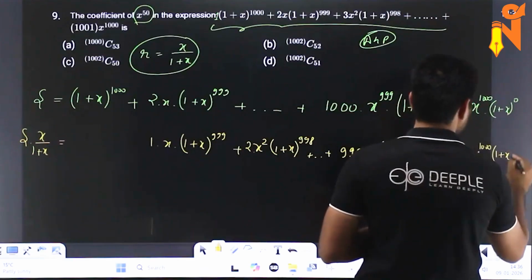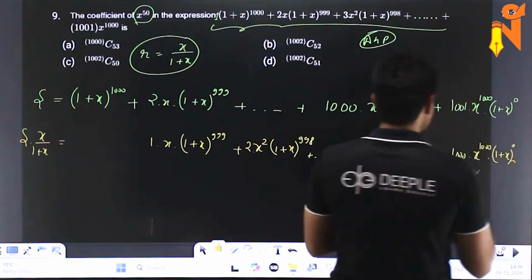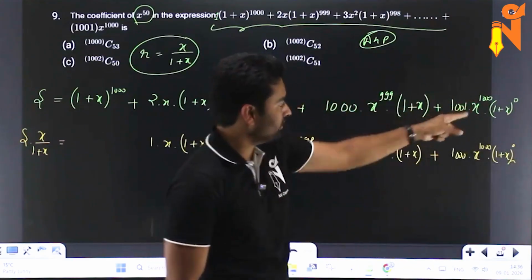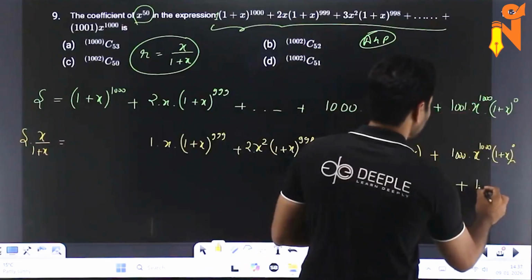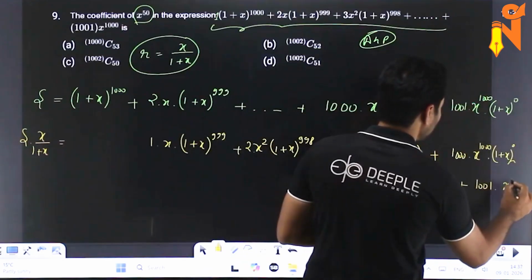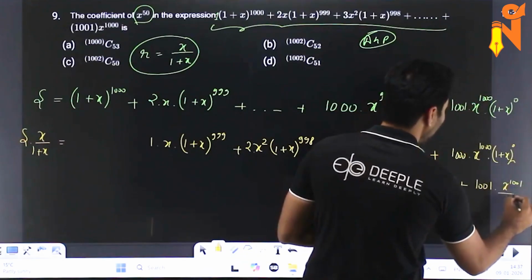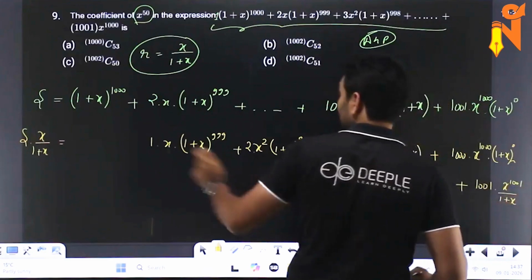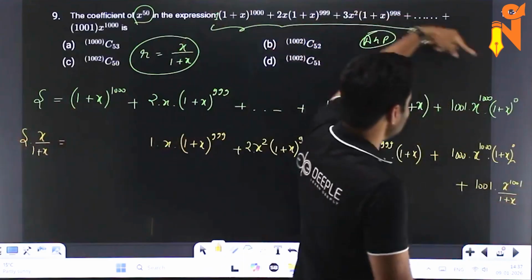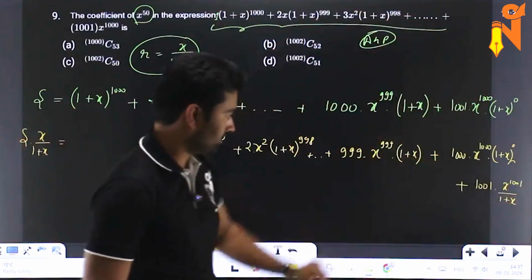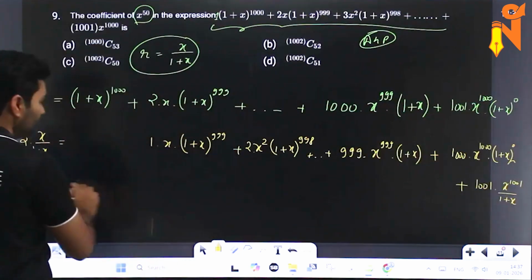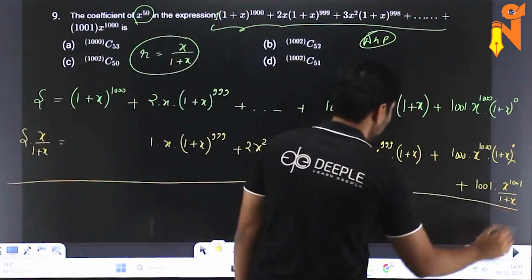You can ignore this also. Then the last term you will also multiply, so this will become plus 1001 into x^1001 upon (1+x). This is the multiplication with the last term. Now we subtract. This is a very simple question of AGP.